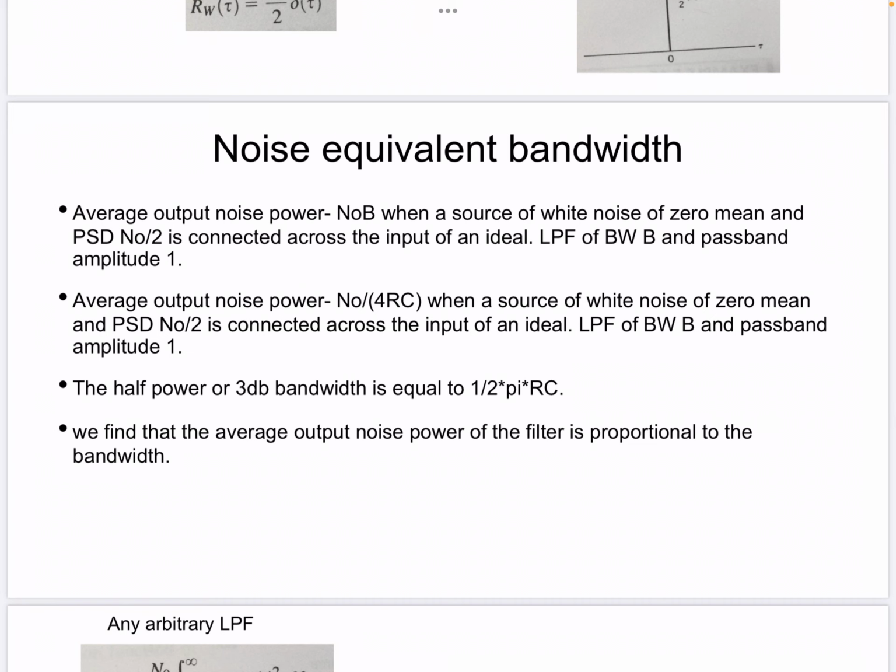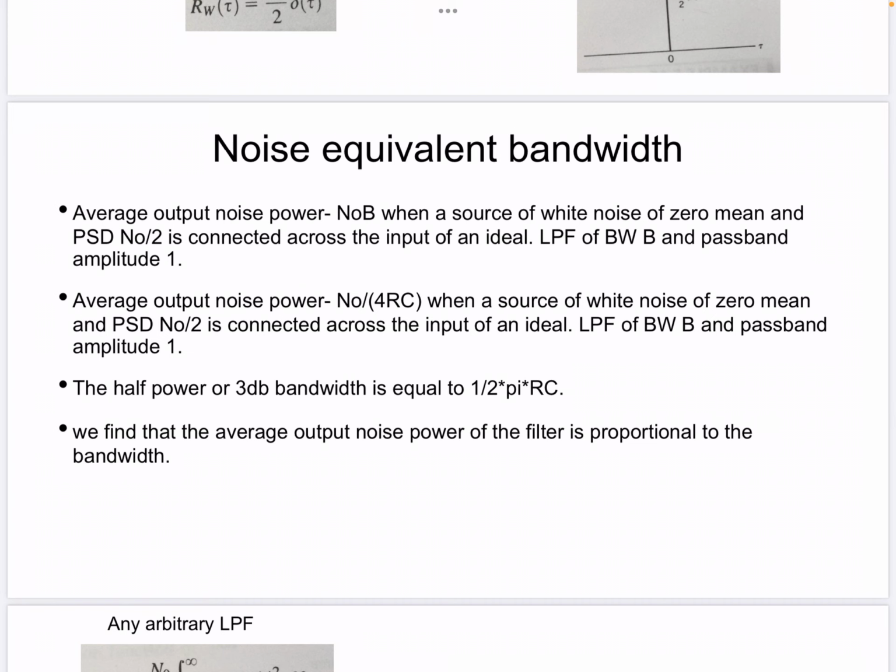Here we observe that when a source of white noise of 0 mean and power spectral density of N naught by 2 is connected across the input of an ideal low pass filter of bandwidth B and passband amplitude response of 1, the average output noise power is equal to N naught times B.